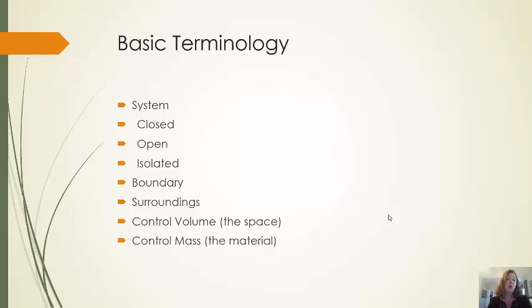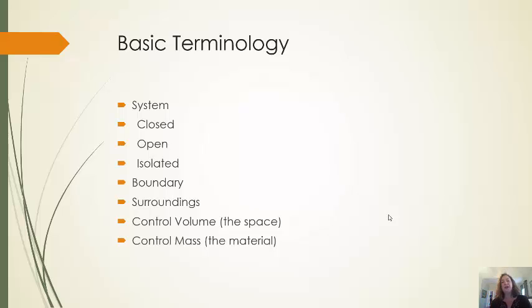The system might be closed so that the material in there is in there at the beginning of the problem and at the end of the problem, or it might be open so that material can flow in and out, and we are defining the space and the material changes over time. A system can also be isolated. That means that not only does material stay inside, but nothing can come into our system or leave our system.